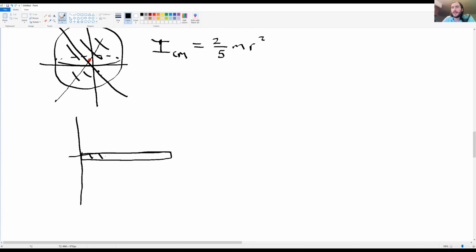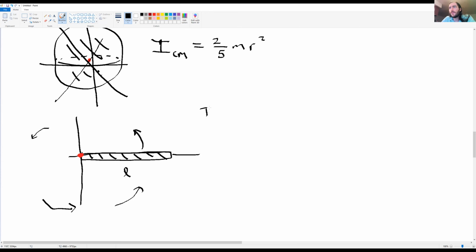The length of the rod we can take to be L. If I were to rotate this rod in this direction, so it comes around over here and back around, obviously this is not rotating the rod about its center of mass. This is rotating the rod about a point on the edge of the rod.